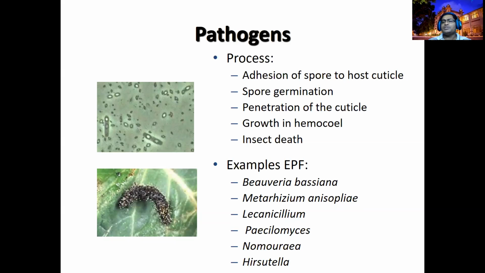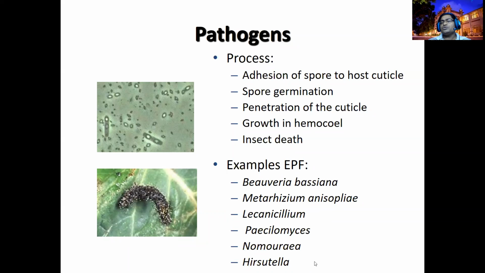Lecanicillium lecanii you can also use, and Paecilomyces and Lecanicillium you can also use to control nematodes as well.